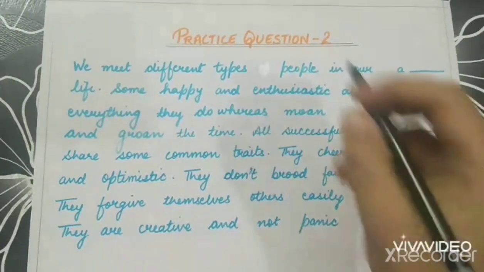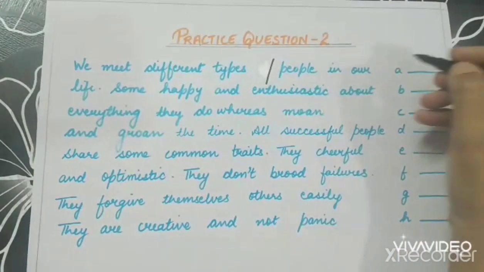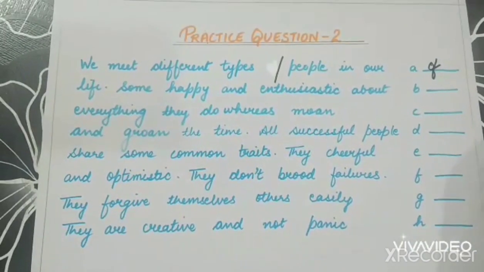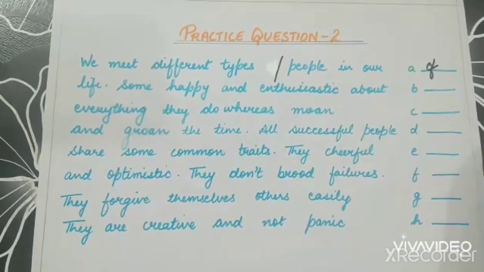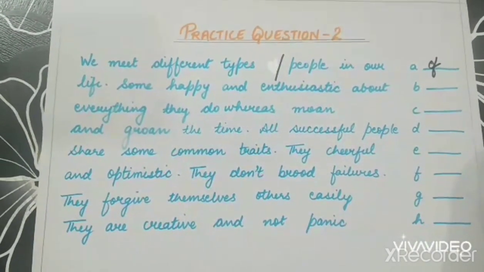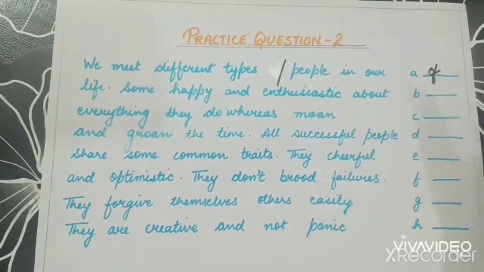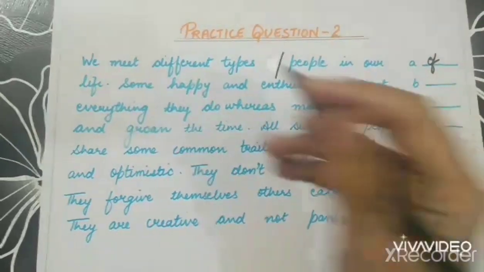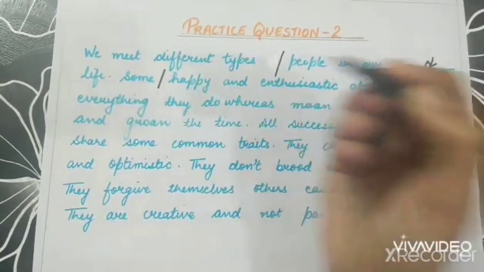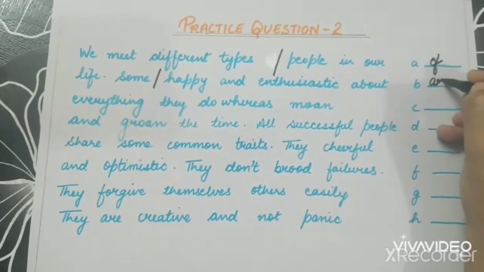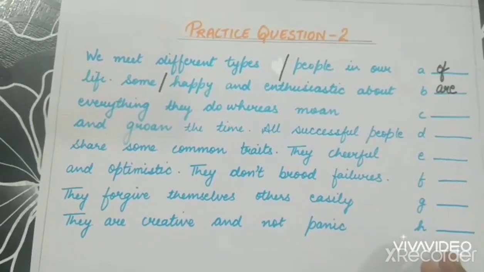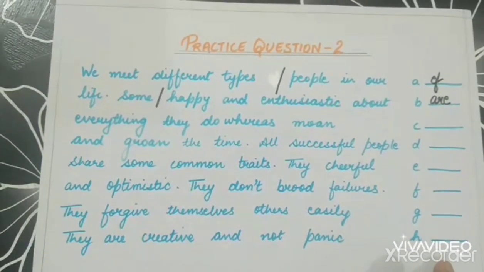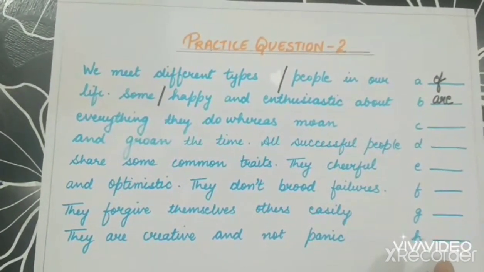Children, here you can see the preposition of is missing. Some happy and enthusiastic about everything they do. Some happy. Children, it is very clear that the verb are is missing. Some are happy. Some people are happy and enthusiastic about everything they do, whereas moan and groan the time.